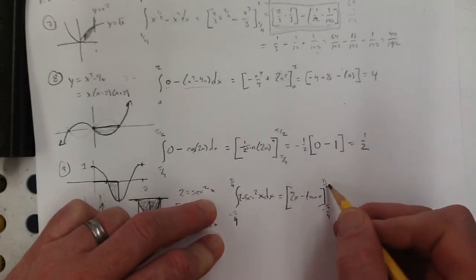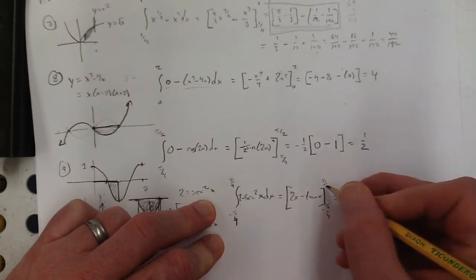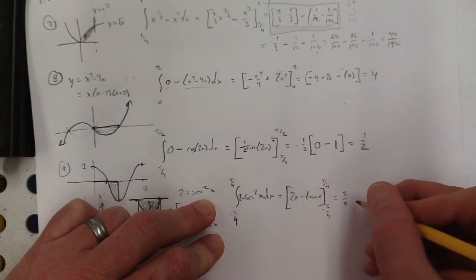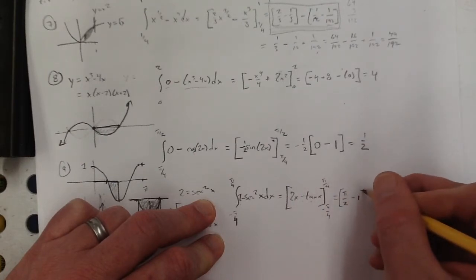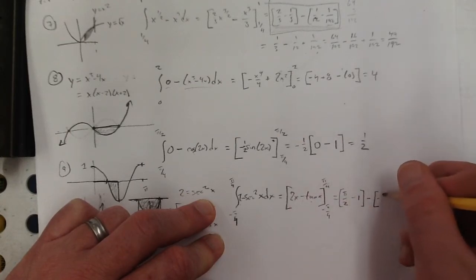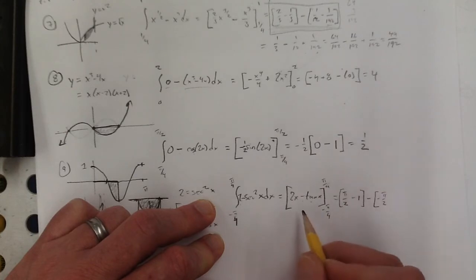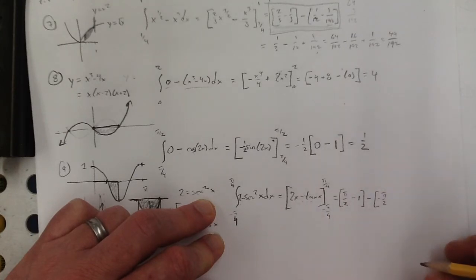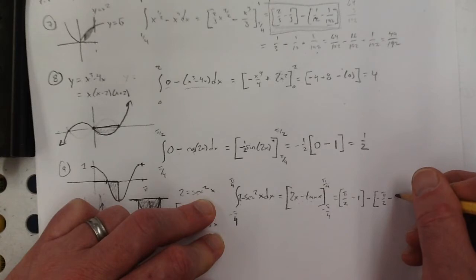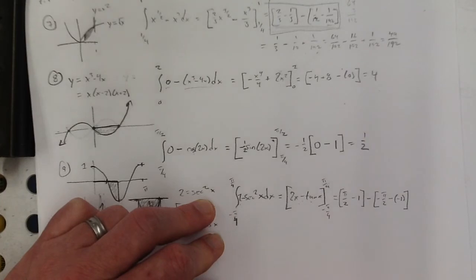All right, so let's see. Plugging in the pi over 4, I get 2 times that, which is pi over 2 minus the tangent of pi over 4, minus, I plug in negative pi over 4, I get negative pi over 2, and then I get minus the tangent of negative pi over 4, which is negative 1.